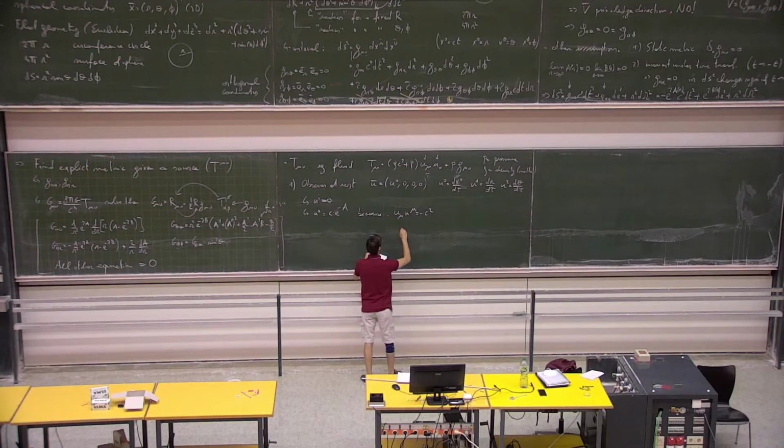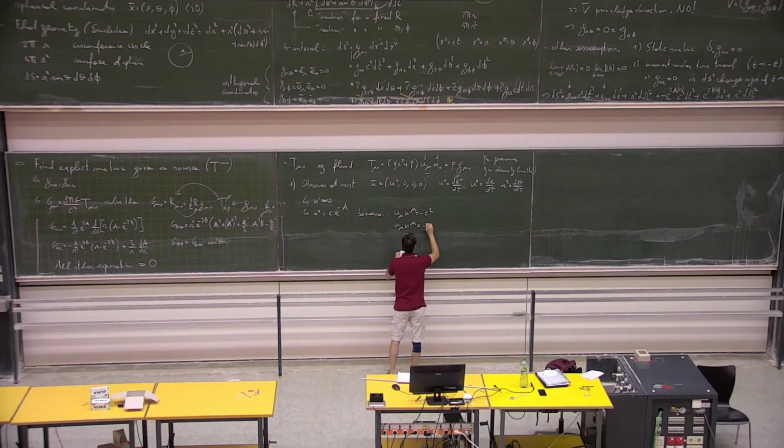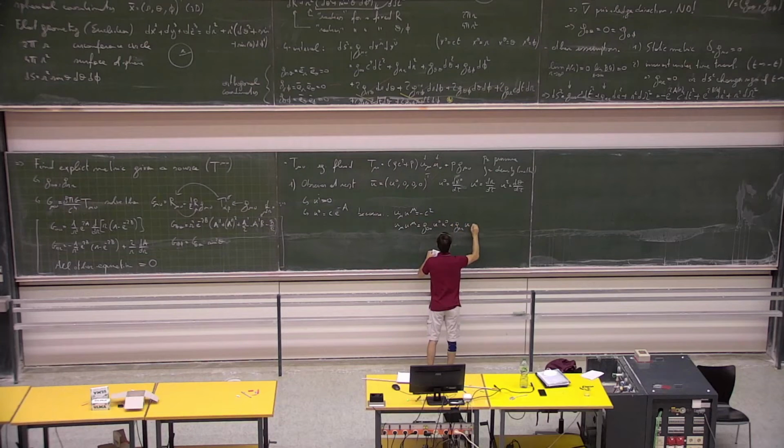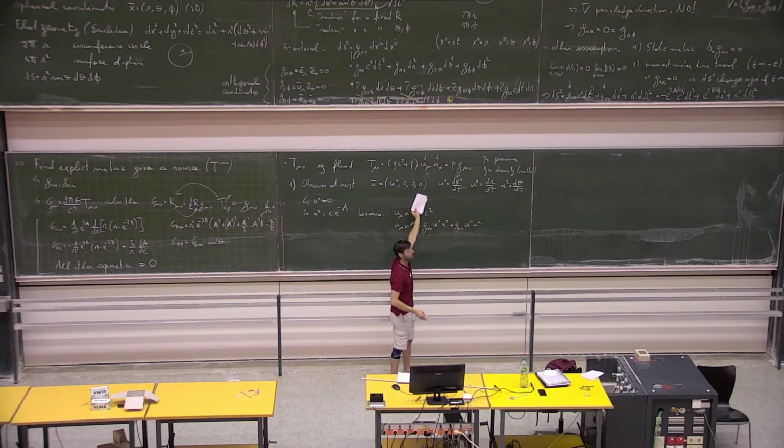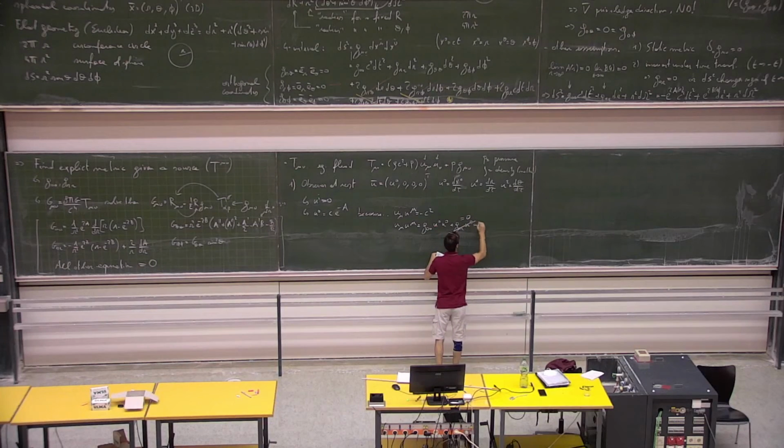And what we get is that u mu u mu is also equal to what? g00 u0 u0 plus g rr ur ur, plus the other terms. But what are they? They are all equal to 0. Also, when you have the mixed terms, they are all going to be equal to 0. Plus zeros.